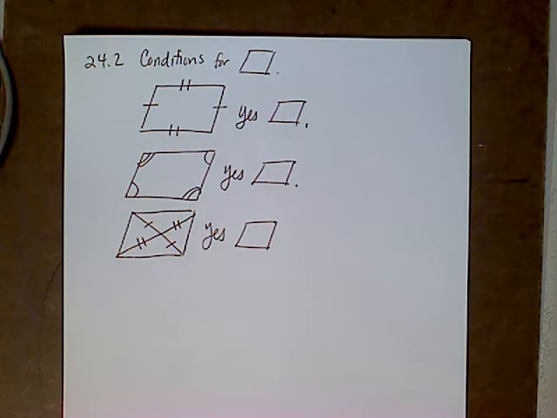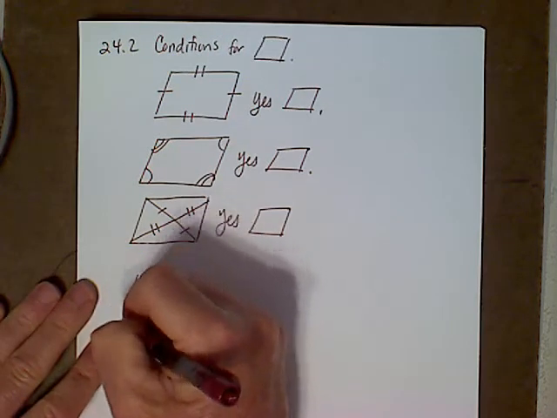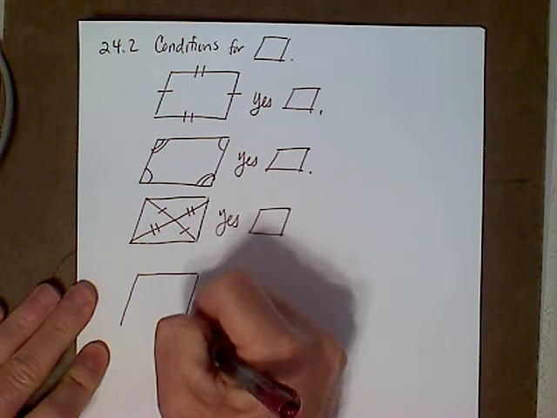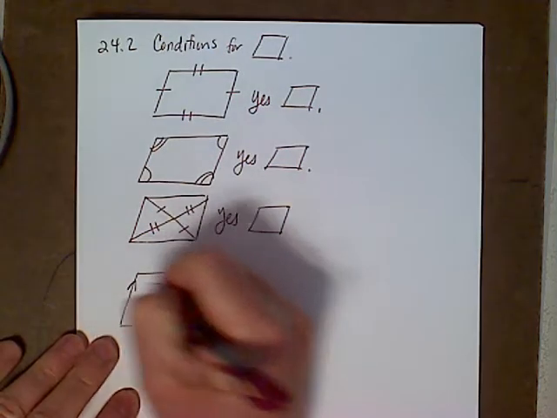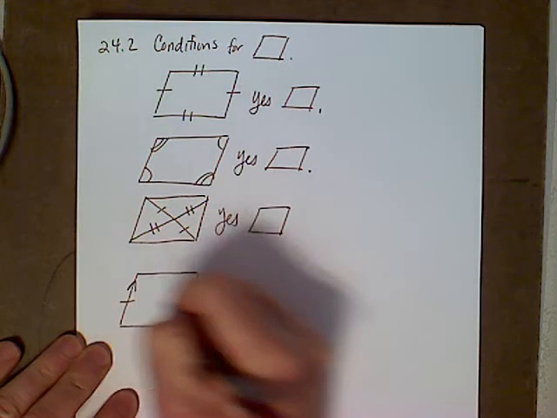Now, one of the theorems that we didn't talk about yesterday that's going to come up is this. So again, I'll do it in picture format for you. So let's say that you have a quadrilateral, okay? And one pair of opposite sides are parallel and congruent.